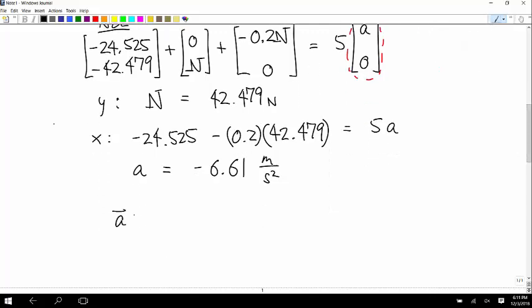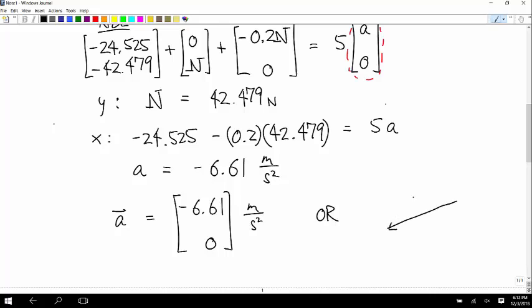So the acceleration vector is negative 6.610, 0 meters per second squared. Or you could also think of this as an acceleration of 6.61 meters per second squared in the negative x direction, which is this way down the ramp.